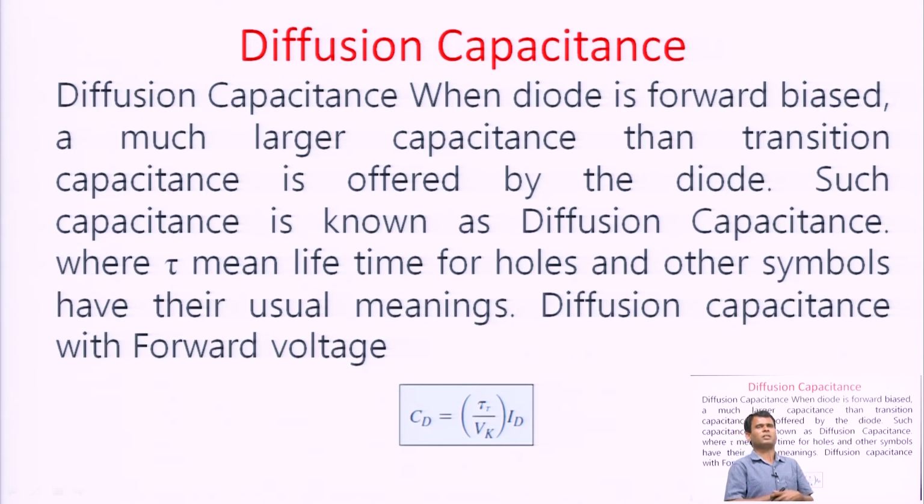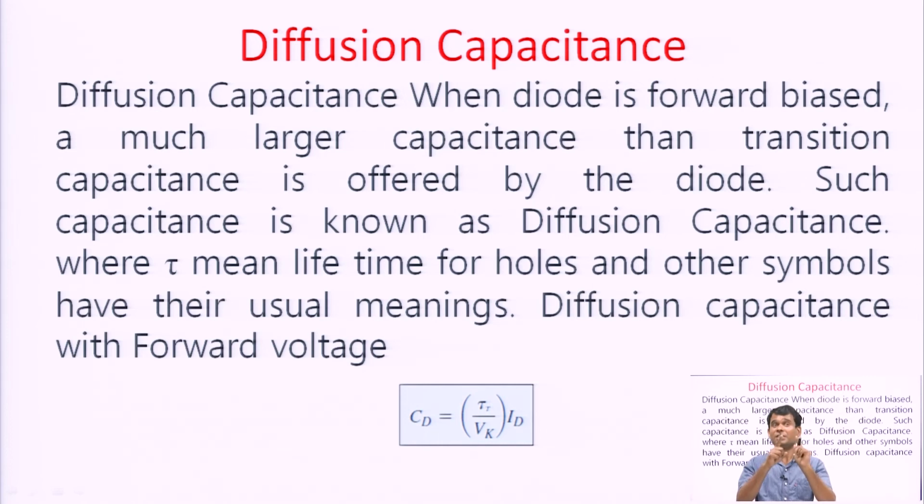When diffusion of majority charge carriers occurs, electrons move from the n side to occupy the holes at the p side. These electrons are stored there and wait for some time to occupy the holes. This means the rate of diffusion of majority charge carriers is greater than the recombination of electrons and holes.